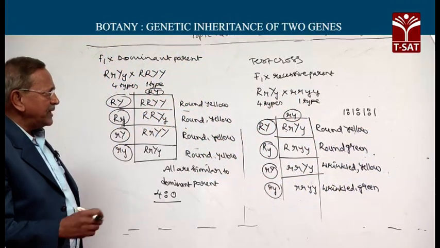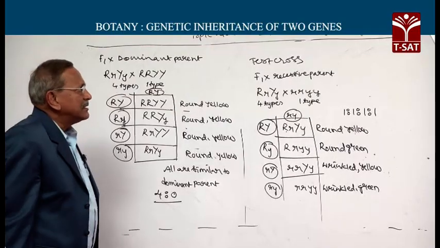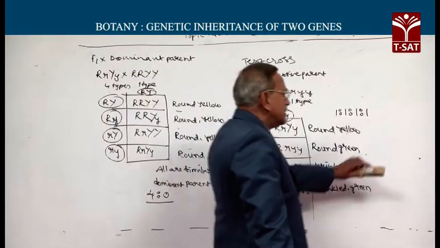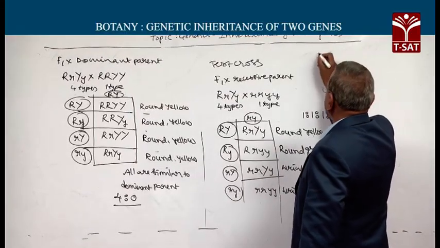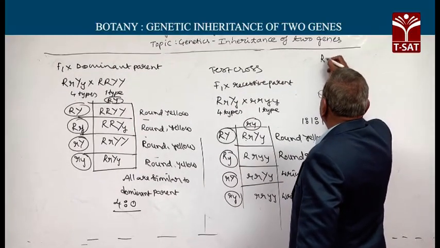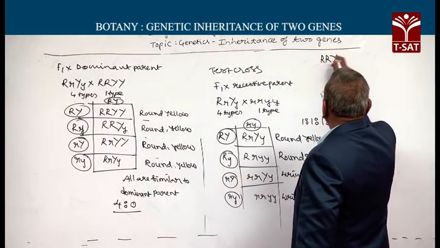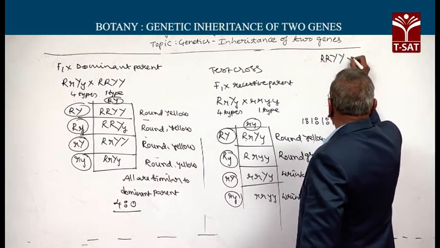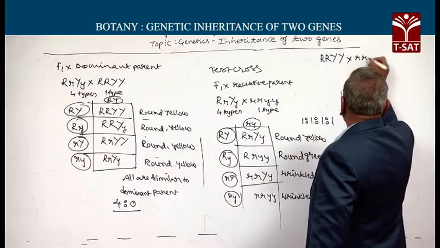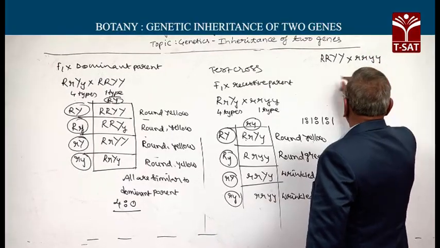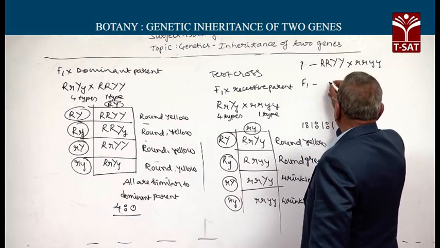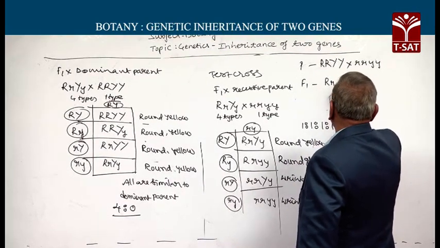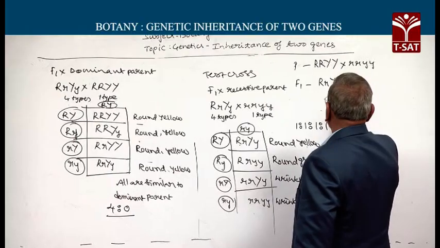The ratio of parents and recombinants in dihybrid cross. Our parental combinations are genotypically capital R capital R, capital Y capital Y, crossed with small r small r, small y small y. This is the parental generation, and F1 is capital R small r, capital Y small y.